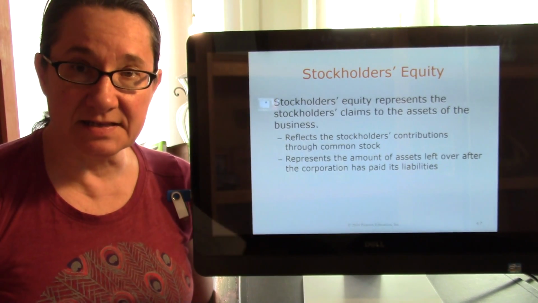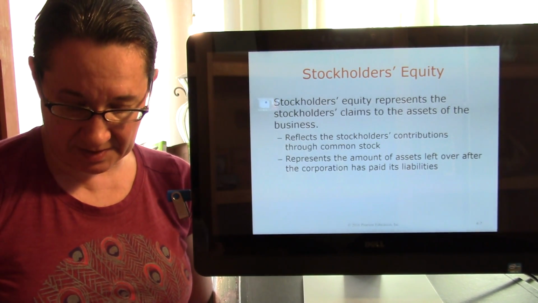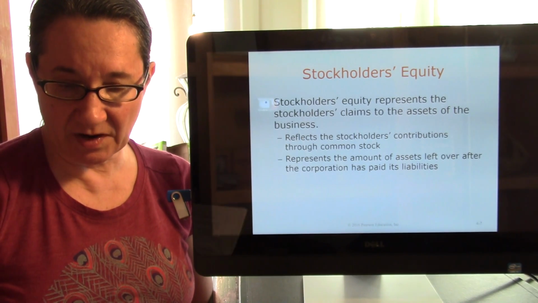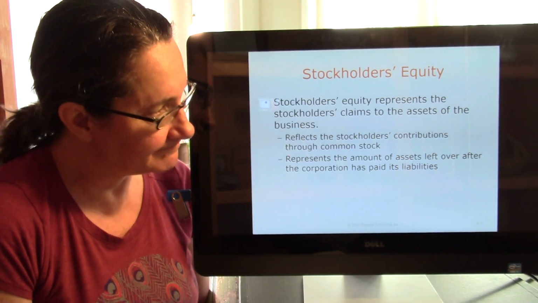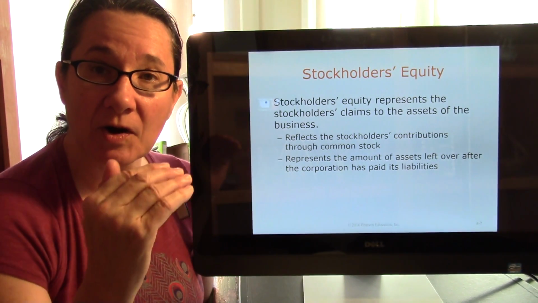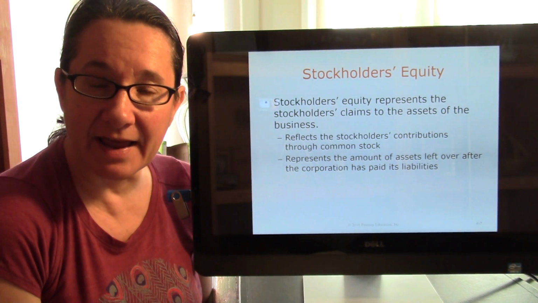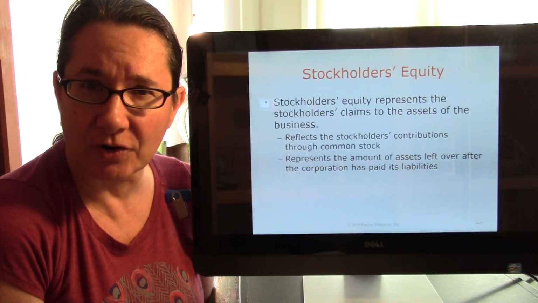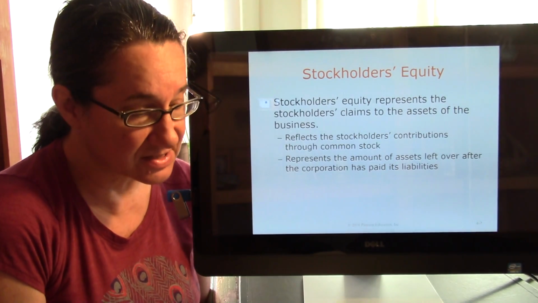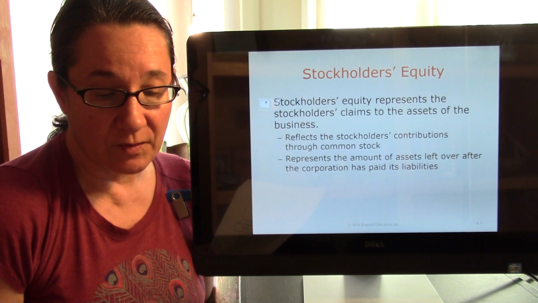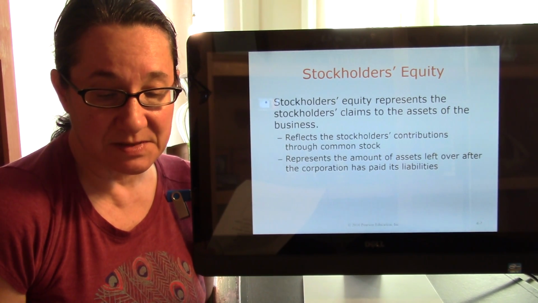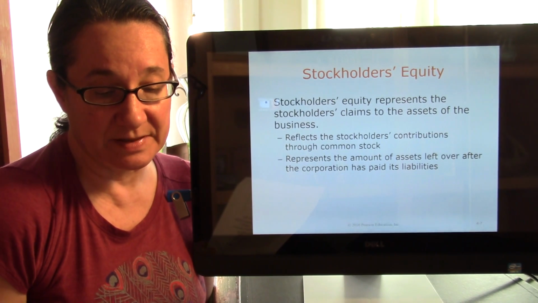All right, so the next thing about the balance sheet. We talked about assets, we talked about liabilities, now we're going to talk about stockholders' equity. But really, we don't have any more classifications that we're going to add. There's not short-term and long-term equity. There's just the categories we've already talked about. Stockholders' equity represents the stockholders' claims to the assets of the business.